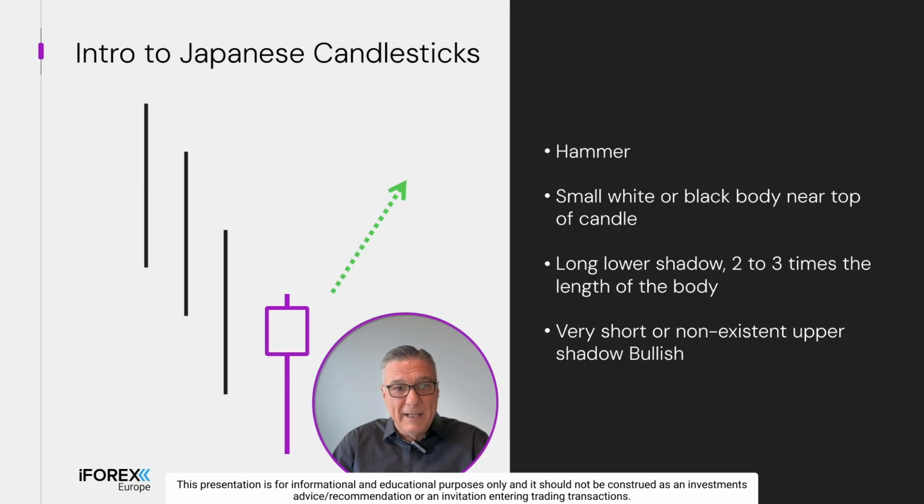If volume is available for this specific financial instrument that we are analyzing, then we would love to see high volume on this candlestick, increased volume, meaning that there is a lot of substantial buying interest activity.